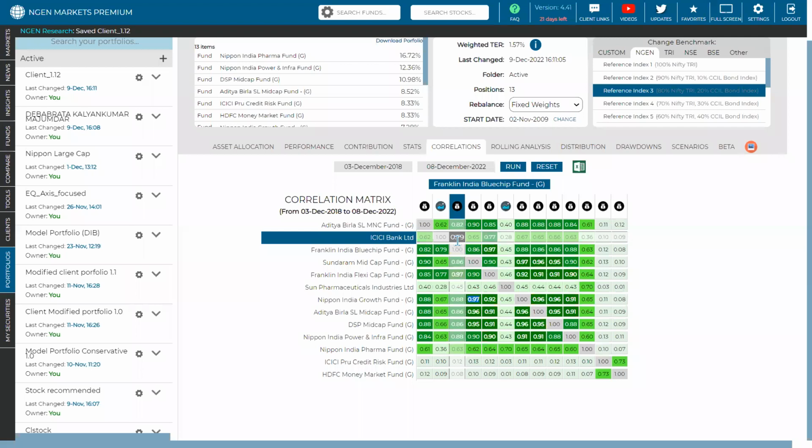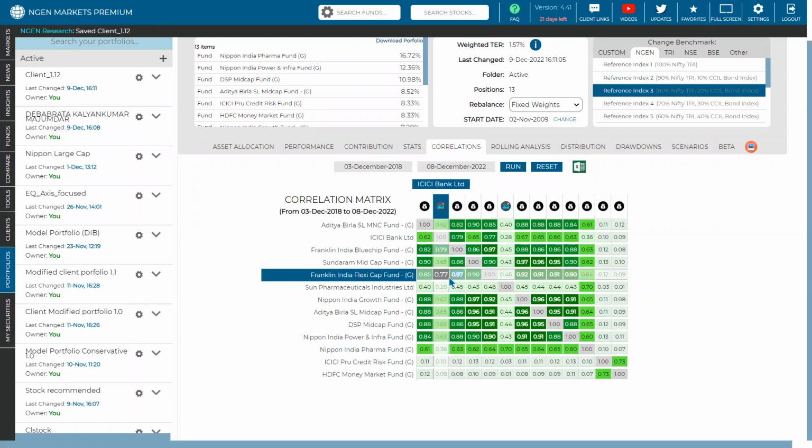So if ICICI Bank is correlating with Franklin Blue Chip, then it will definitely have a correlation with Flexi Cap. Now, this is the case where you can take a call on which funds should be removed. There will be a question of which fund should be removed, maybe an outperforming one, maybe a fund with a lower volatility, which is required for the client. That you can take a look at in different tabs.